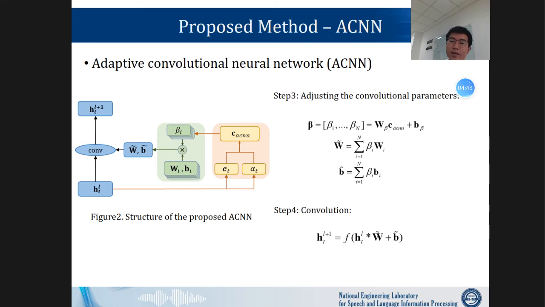After getting the context vector, we can generate the convolutional parameters by a linear combination of components from a parameter pool. The component filters can also be trained through a typical backpropagation algorithm. Finally, once we obtain the weights and bias, a convolution operation is applied to the inputs.